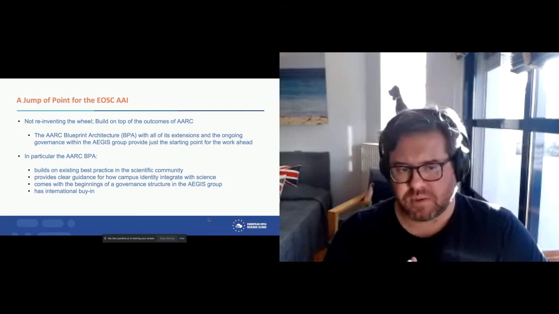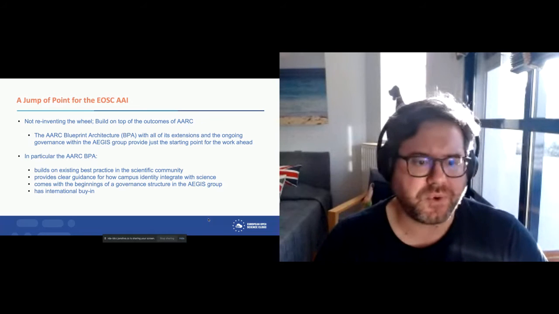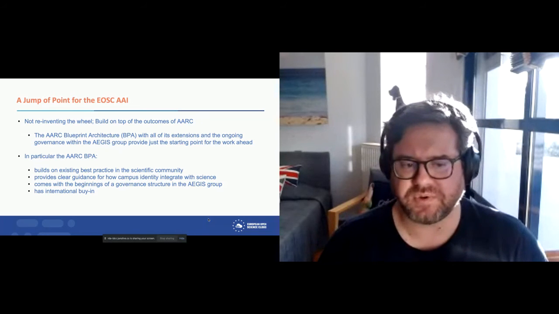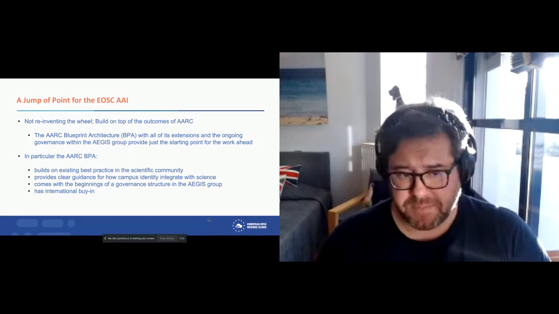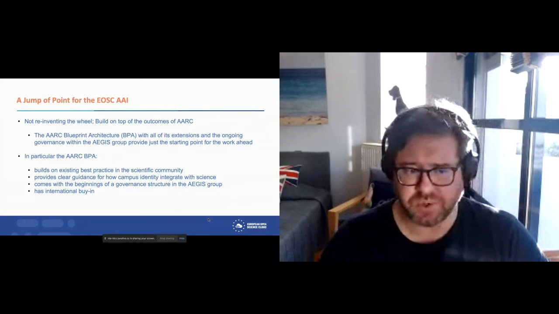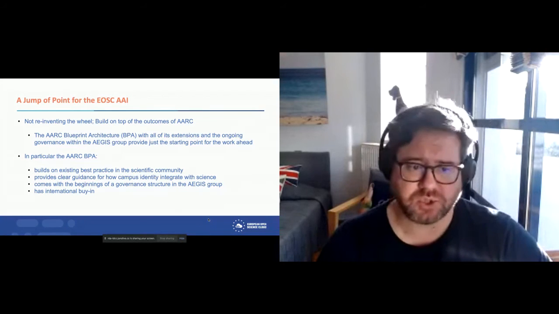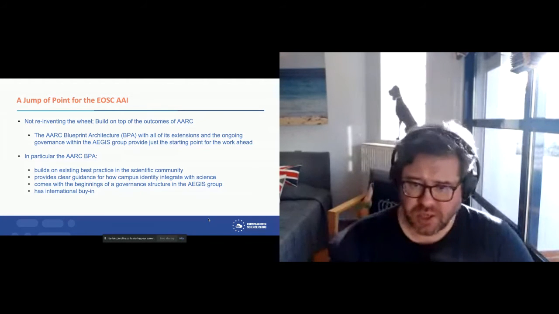So, given that we had set up our guiding principles, something that was very important for us was not to go back and reinvent the wheel. Many of the people involved in the ESKI task force were really active for many years in the context of the authentication, authorization, research collaboration community.